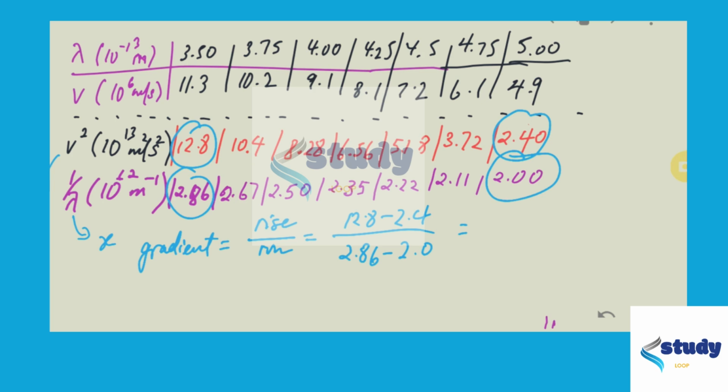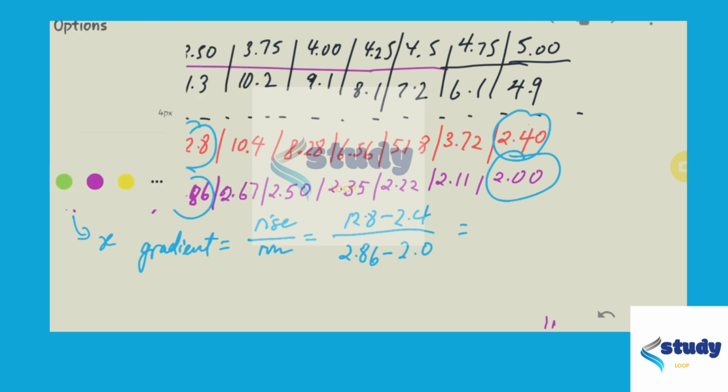Put that into the calculator. And of course, we can't forget the units as well. So in this case, for v squared, the y-axis is 10 to the power 13. Let me just put that in.